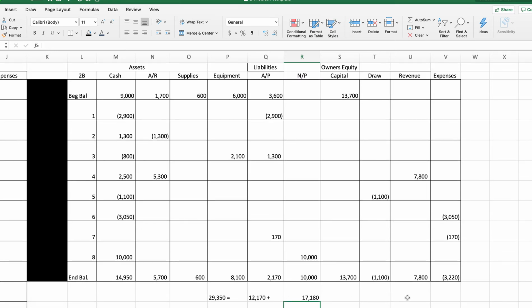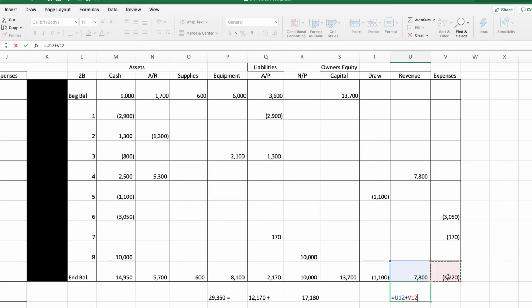Now I want to figure out what my net income is. Well, net income is easy to figure out. I just take my revenues and subtract my expenses. That's it. So I'm going to say equals revenue of 7,800. Now I need to subtract my expenses, but my expenses are entered as negatives, so I technically need to add them in this scenario.